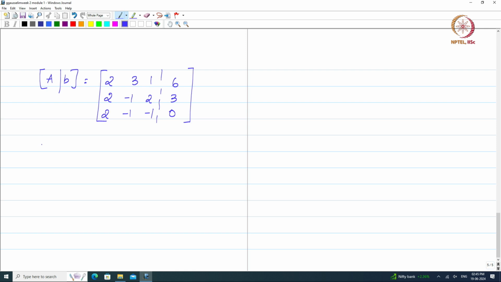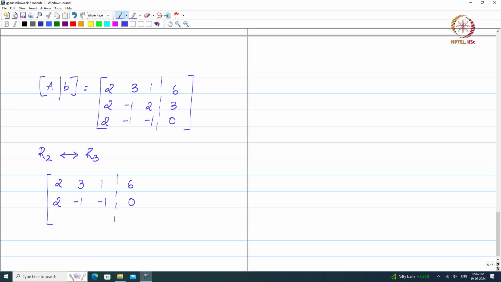Swapping, or interchanging, R2 with R3 gives 2 3 1 6, 2 minus 1 minus 1 0, 2 minus 1 2 3. The second row and third row have been interchanged.